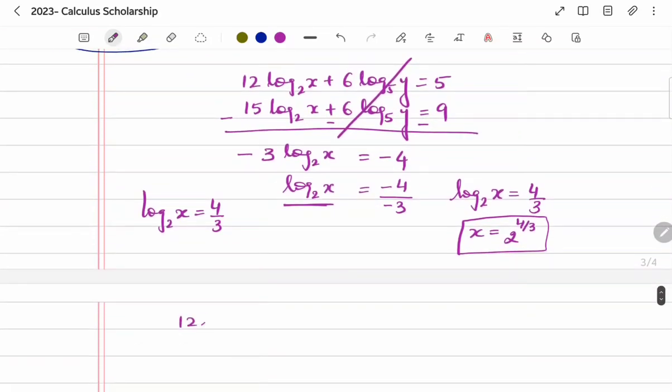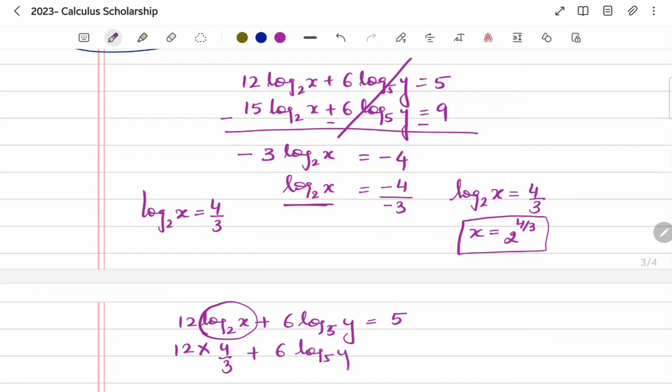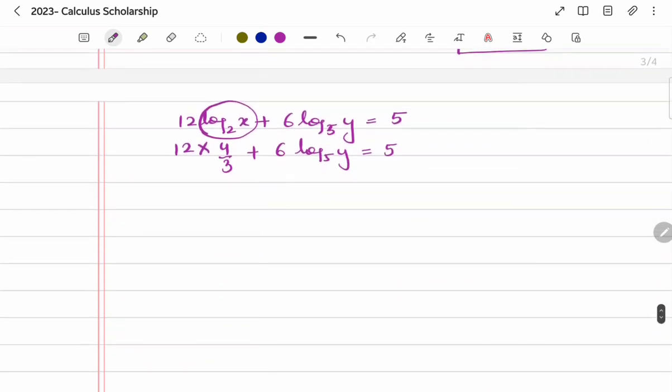The first one is 12 log base 2 of x plus 6 log base 5 of y is equal to 5. So 12 times this whole thing, which is 4 over 3, plus 6 log base 5 of y is equal to 5. 3 times 4, 16, plus 6 log base 5 of y is 5.